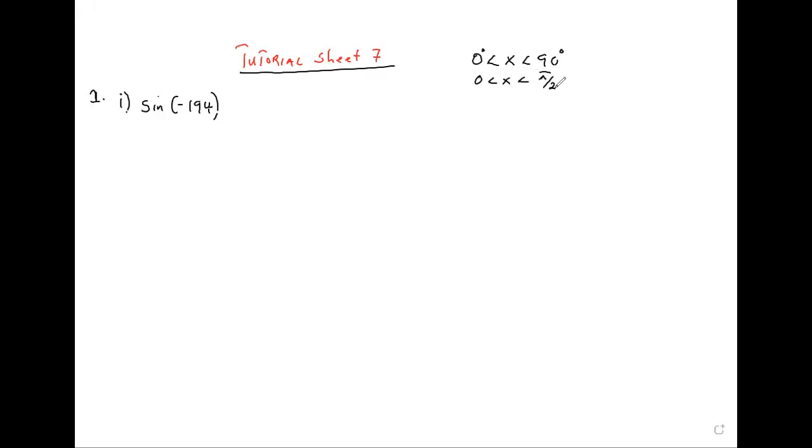Same thing. So if you are given sine -194, you've got several ways of getting back to the acute angle that is positive. We have the quadrants. Quadrant 1, 2, 3, and 4.